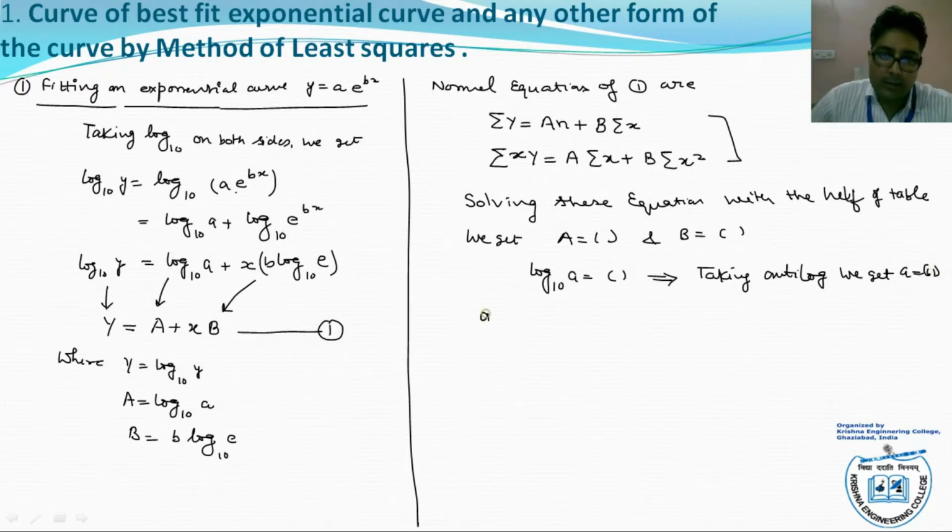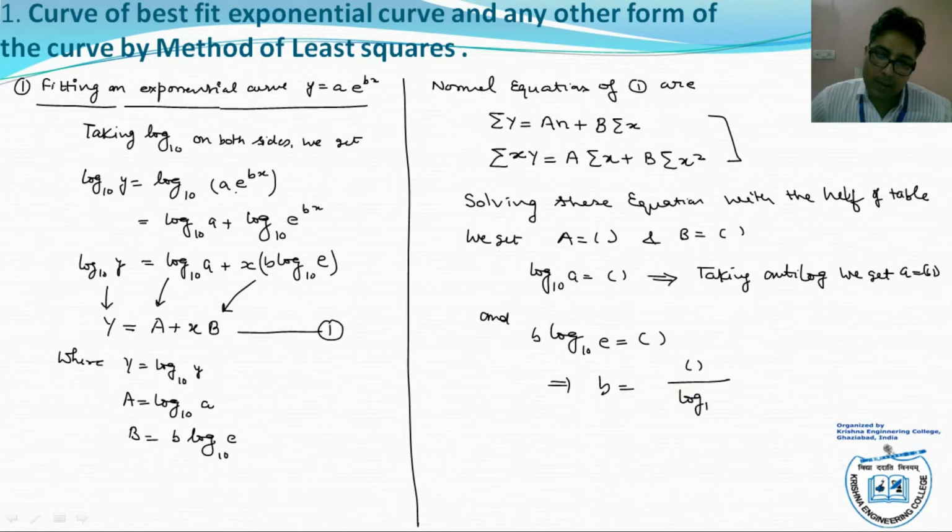Again, capital B is b log 10 e equal to something. So capital B is something divided by log 10 e. So we get the value of b.